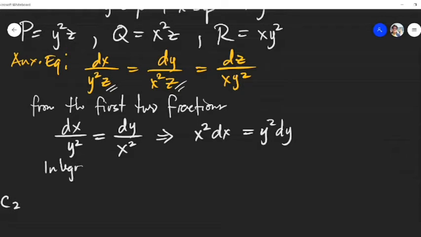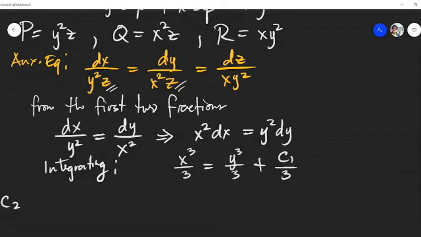Integrating, we have the integral of x squared dx is just x cubed over 3 is equal to y cubed over 3 plus, say, c sub 1 over 3. And multiplying both sides by 3, this is just x cubed is equal to y cubed plus c sub 1.